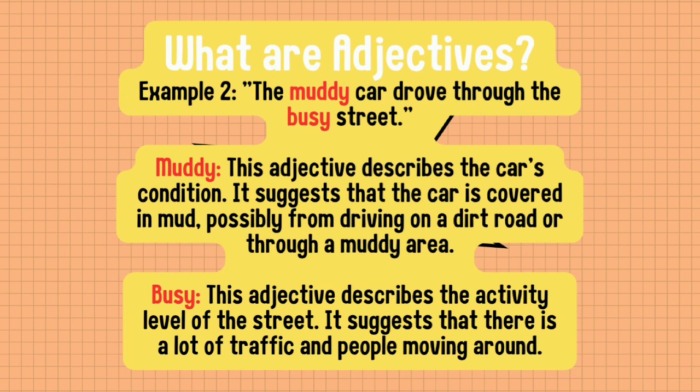It suggests that the car is covered in mud, possibly from driving on a dirt road or through a muddy area. And the next adjective is busy. The word busy describes the activity level of the street. It suggests that there is a lot of traffic and people moving around.